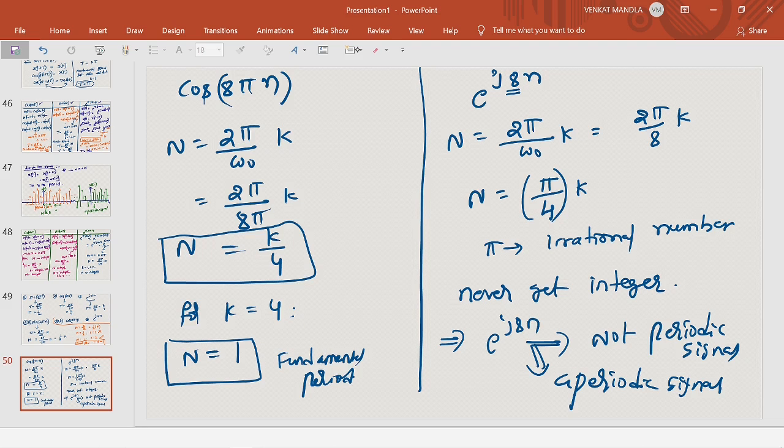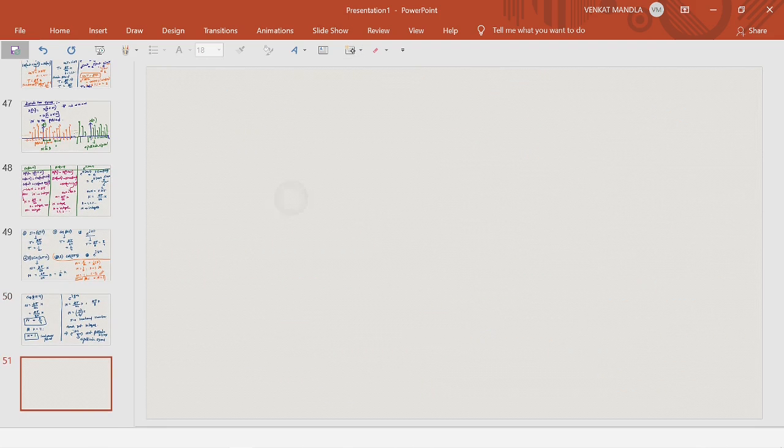So I want to put an additional constraint on finding the period of a discrete time signal. Where n equal to 2 pi by omega naught into k, the k by n equals omega naught by 2 pi.